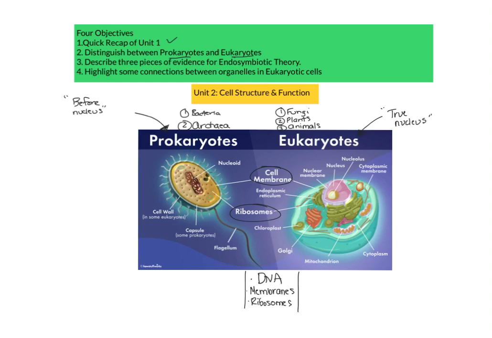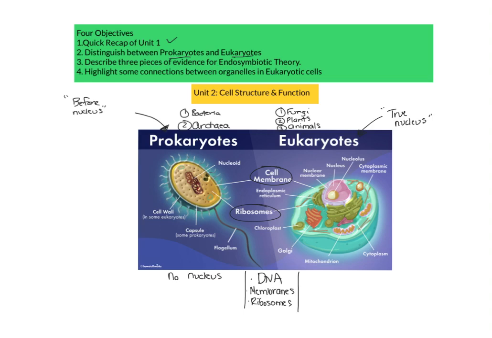Now, there are differences. There are actually a lot of differences between these two types of cells. At the surface level, based on their name, in prokaryotes we don't have a nucleus, which is a membrane-bound structure that protects the DNA.